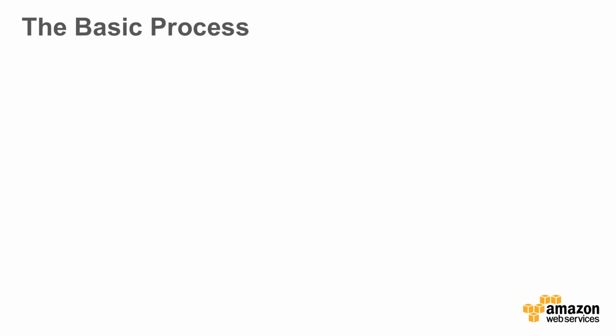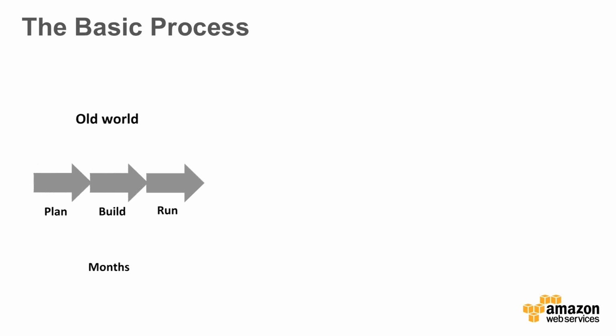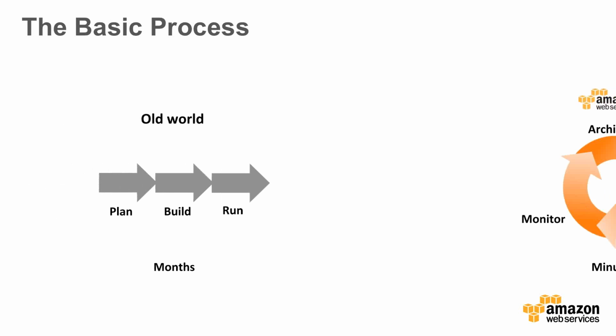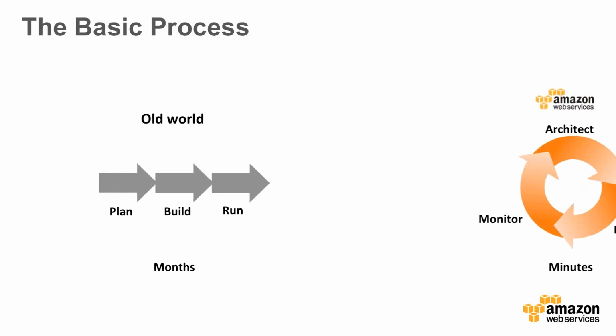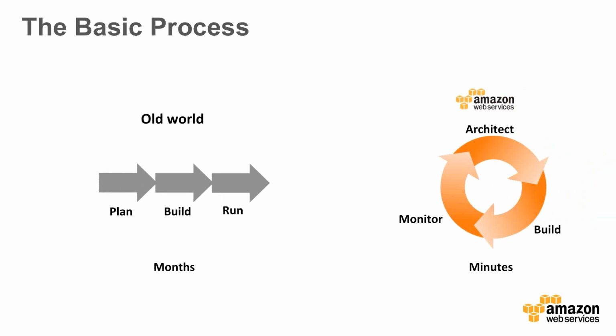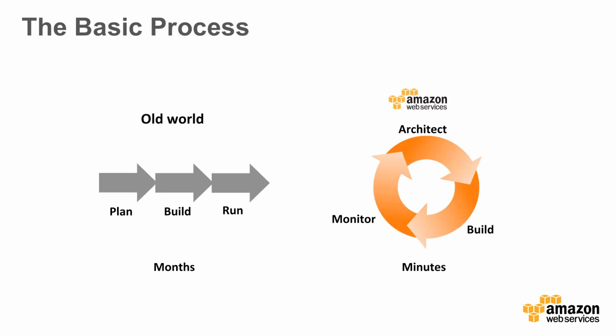So let's have a look at a basic process of old world versus Amazon Cloud world of solution deployment. When you look at the old world process of how an application is designed and deployed in a traditional data center, it can often take weeks or even months to go from planning through to the run phase of your application deployment.